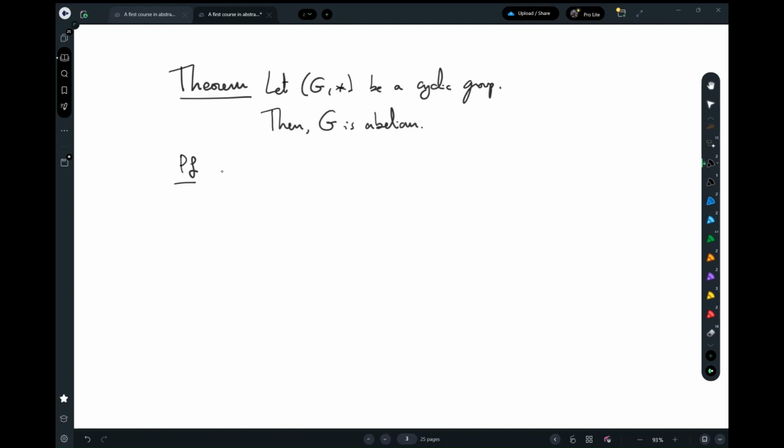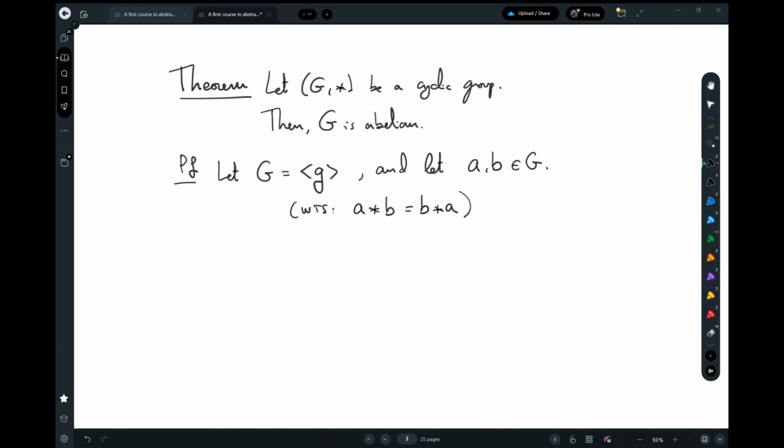So suppose G is cyclic. So let G be generated by one single element g, and then take two other elements in G, a and b in G. What we want to show is that this is commutative, we want to show that a star b is the same as b star a for any a and b arbitrarily chosen.